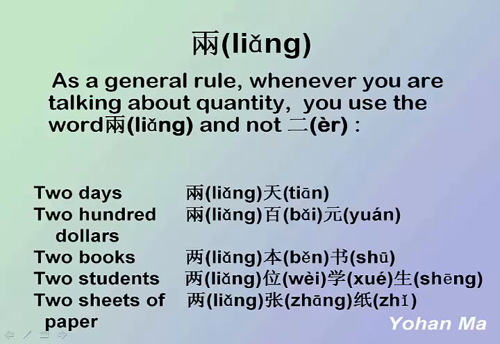But in English, it's not that much. 2 sheets of paper, 2 loaves of bread, things like that. But in Chinese, it's almost always, except the first one here, 2 days, 两天. That is another story. It's very difficult to learn. But just know that there's a difference there for each unit.